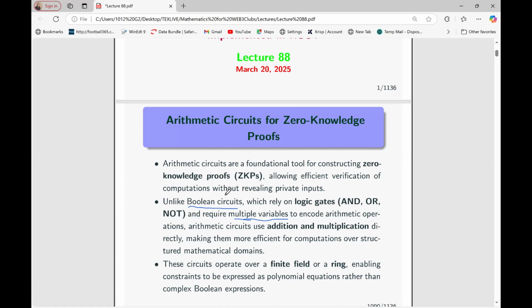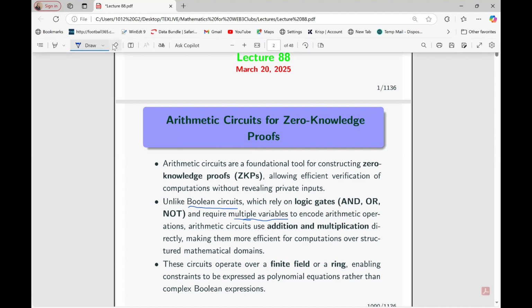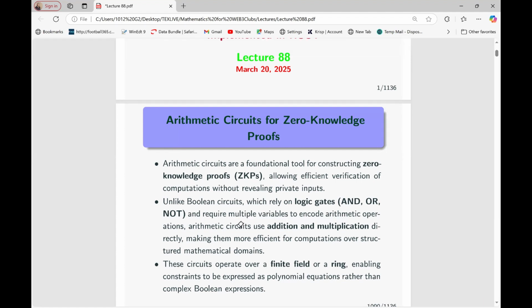But the arithmetic circuits will be using addition and multiplication directly without having to convert entries to binary. So that is that. But they'll be doing the same thing. The Boolean circuits and the arithmetic circuit will be doing the same thing, only that the arithmetic circuit has the advantage that I've mentioned over the Boolean circuit.